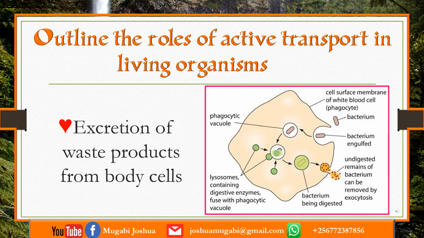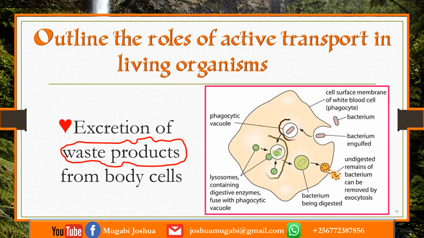Then we talked also about the excretion of waste products from the cells. We saw that some waste products can be removed from the cell. For example, we looked at the white blood cell, which recognizes the presence of a bacterium. The bacterium is engulfed, and then we end up forming a phagocytic vacuole.